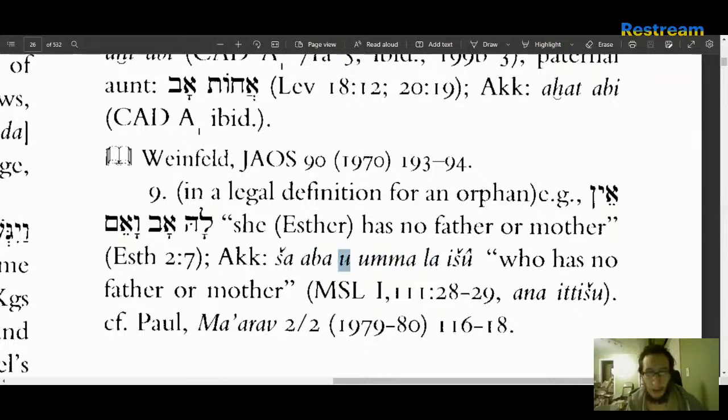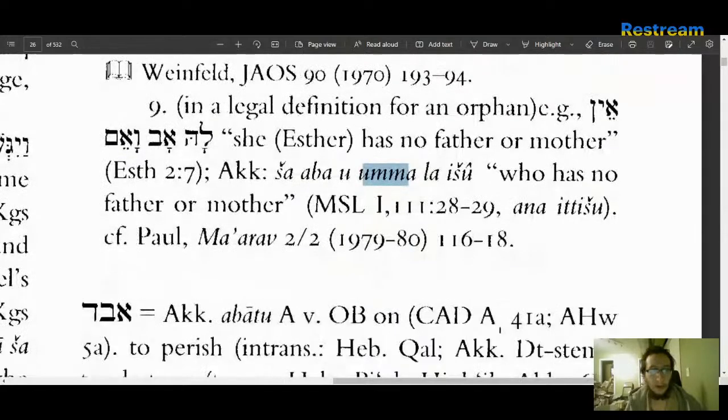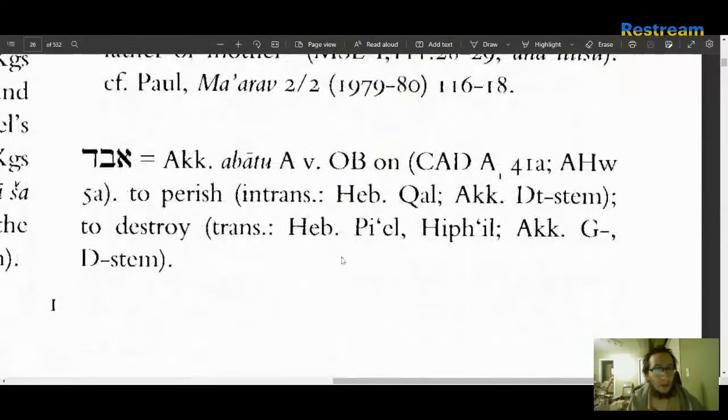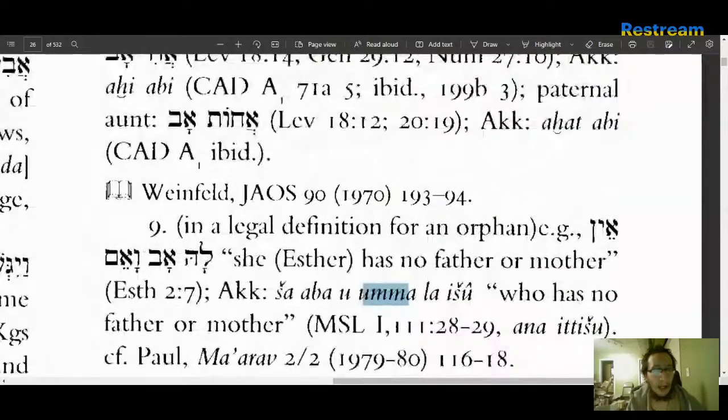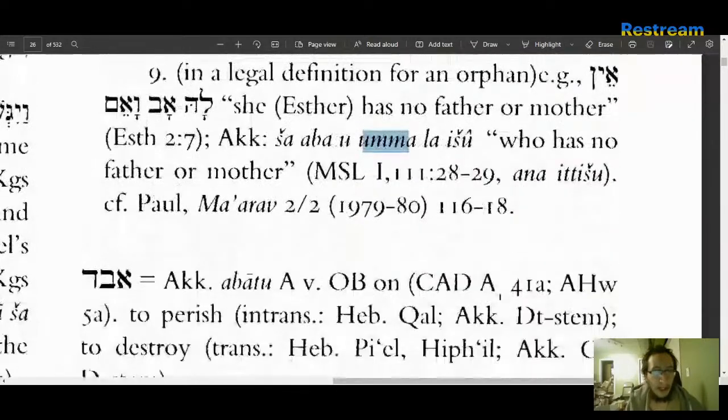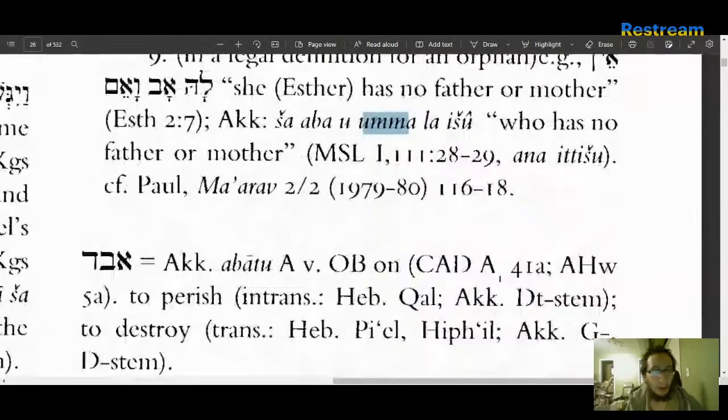Excuse me, father or mother. No. So ab and again. Okay, so that is the word for father in this Akkadian book.